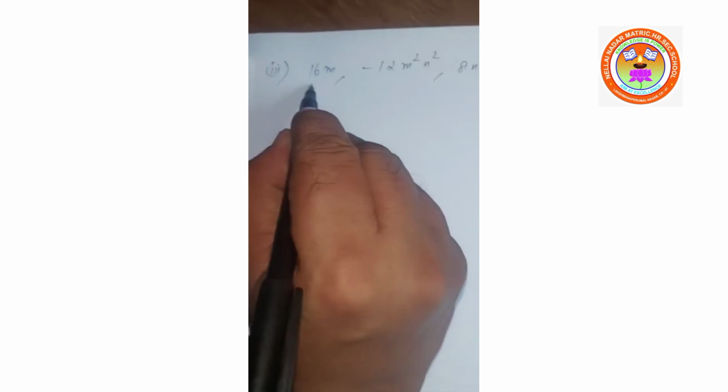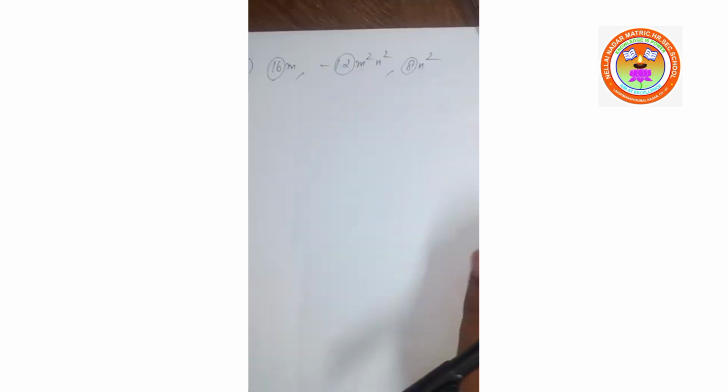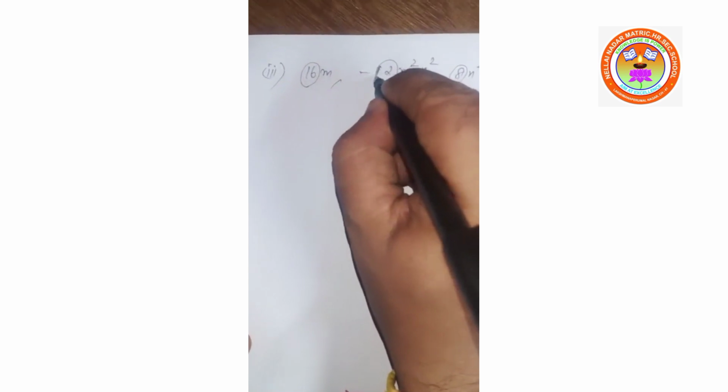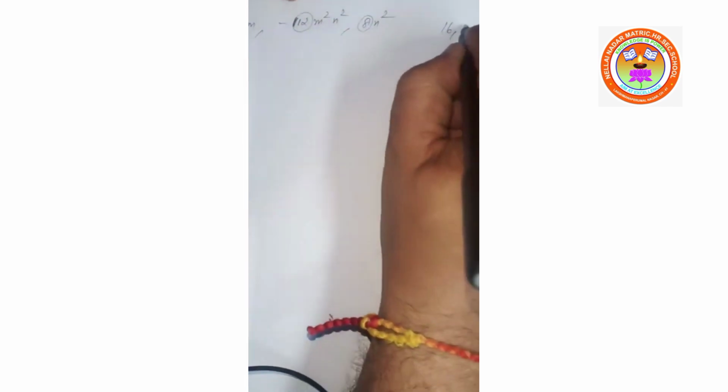Right, we take 16, 12 and 8. This is 12. Okay. 16, 12 and 8.